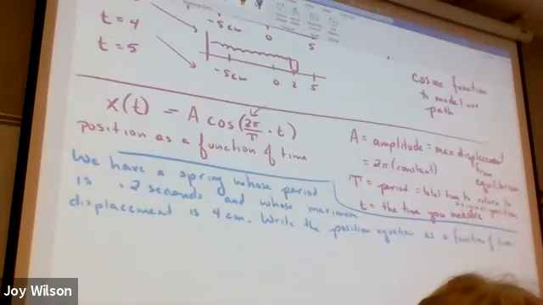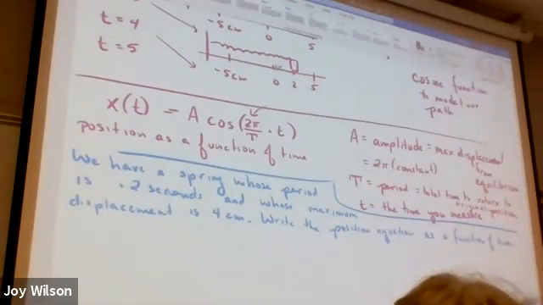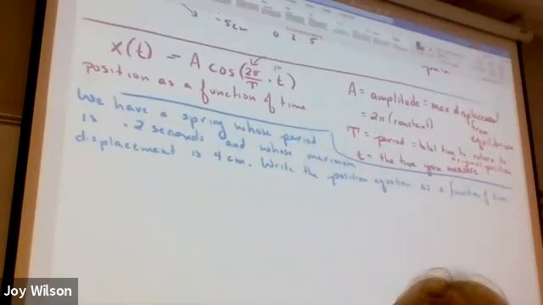So in this problem, they tell us the period and they tell us the amplitude. So this is the nice simple part. So all we have to do is put the right numbers in the right spot. I know some of you are still writing, so I'll wait for just a minute while you get that caught up.